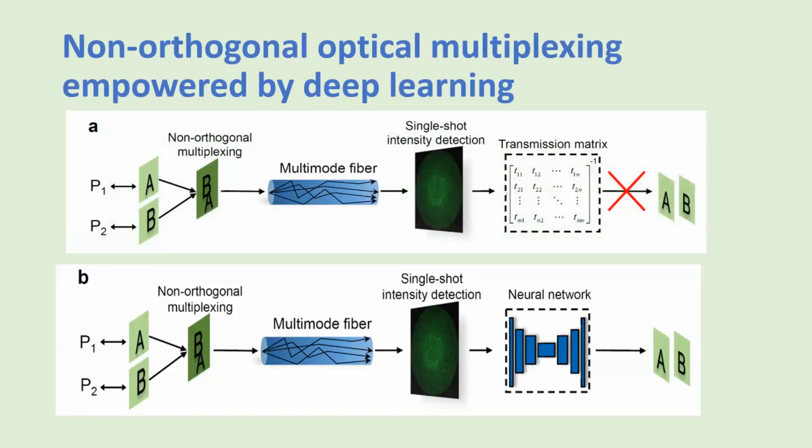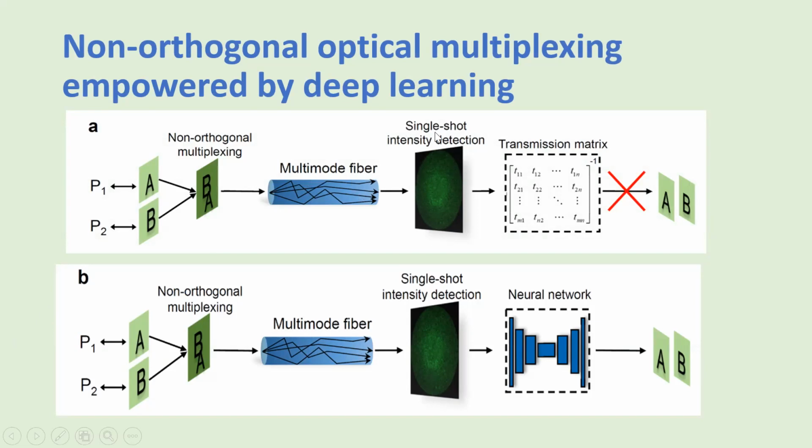Now you see from diagram A, we see the input signals or the input light fields being multiplexed, and then the multiplexed light field is propagated onto this multimode fiber.